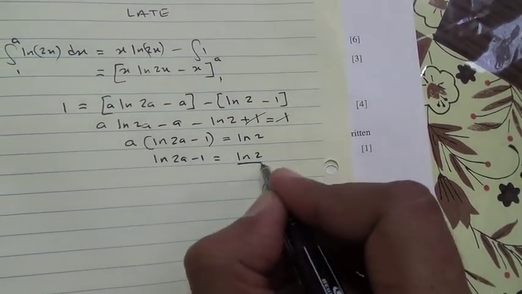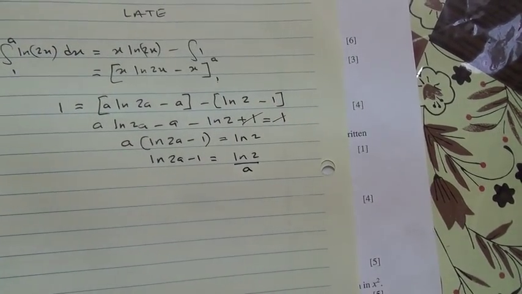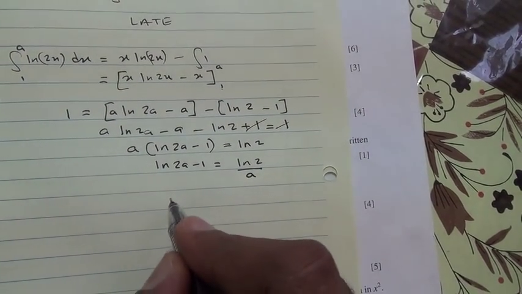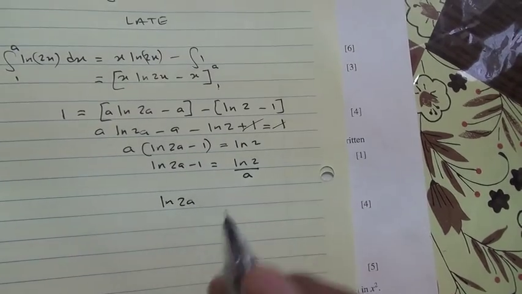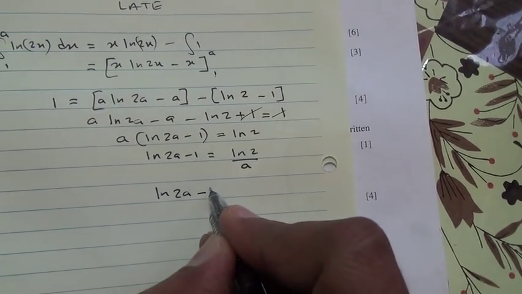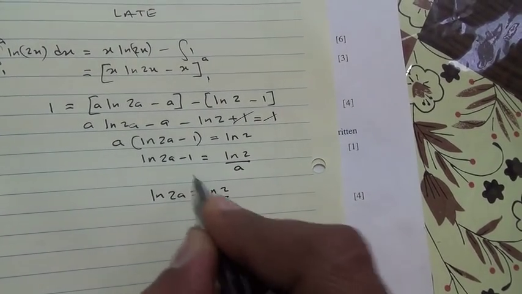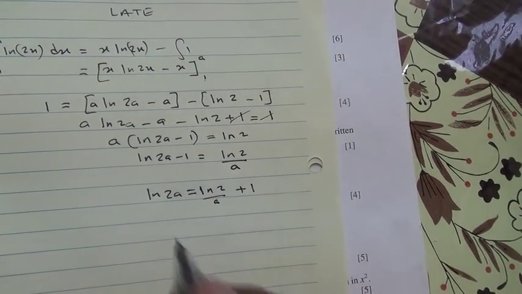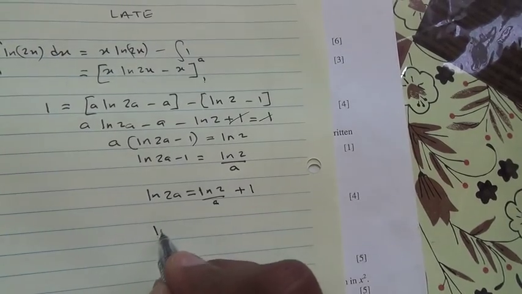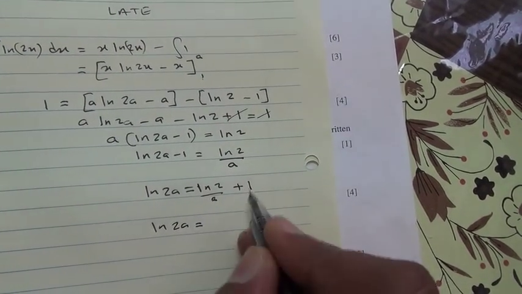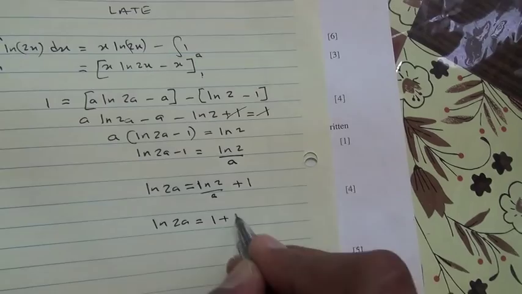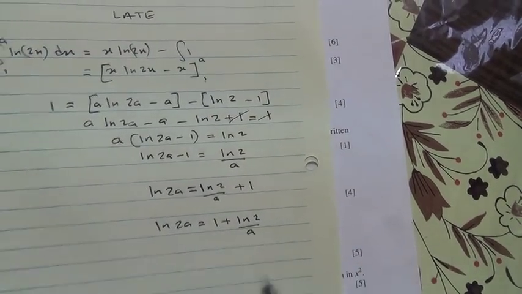This a is multiplied, so on the other side it becomes divide. Therefore ln 2a minus 1 is equal to ln 2 over a. Send the minus 1 there, and it becomes plus 1. So ln 2a is equal to 1 plus ln 2 over a.